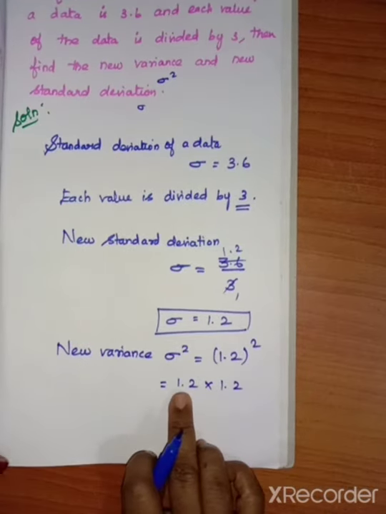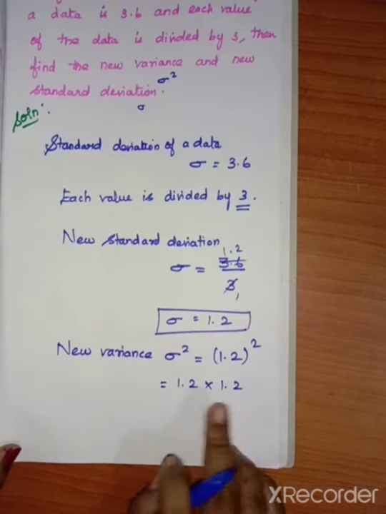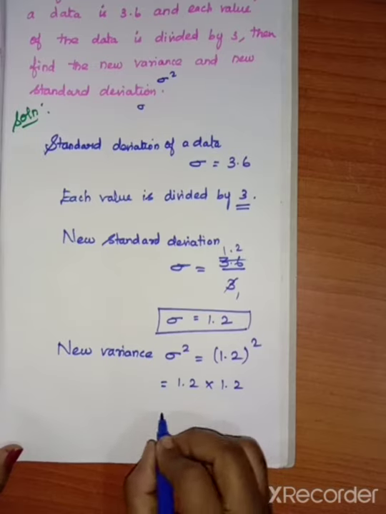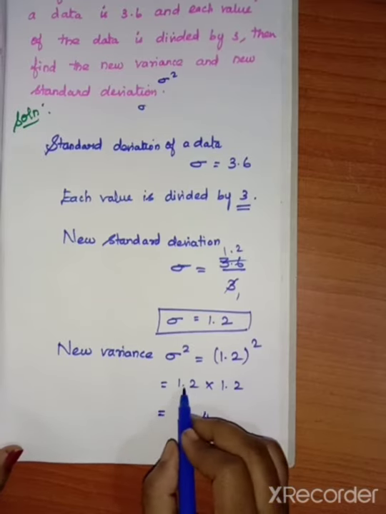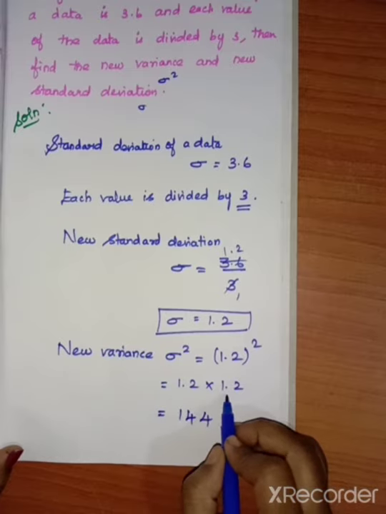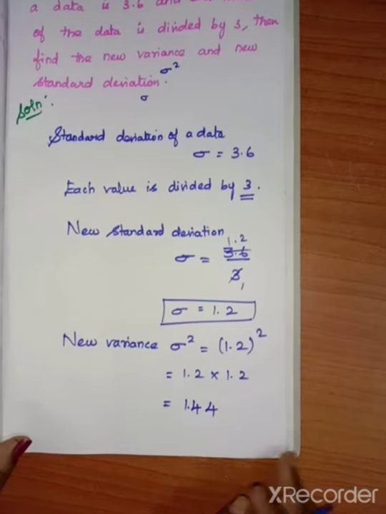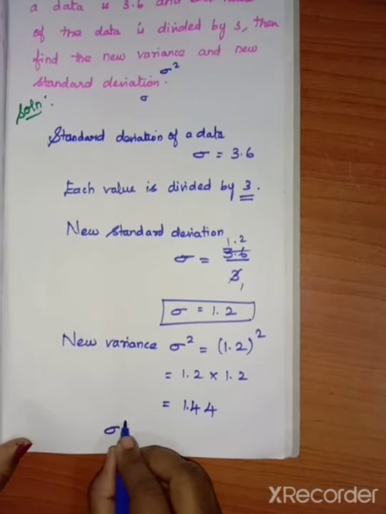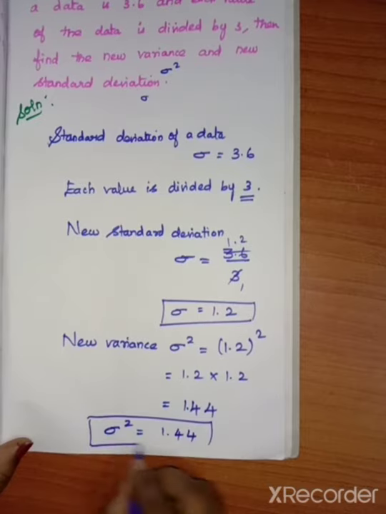Just assume 12 into 12. 12 12s are 144. Then see the decimal point: here we have 1 number after the point, here also 1 number, so totally 2 numbers. So the answer is 1.44. So the new variance, sigma squared, equals 1.44.